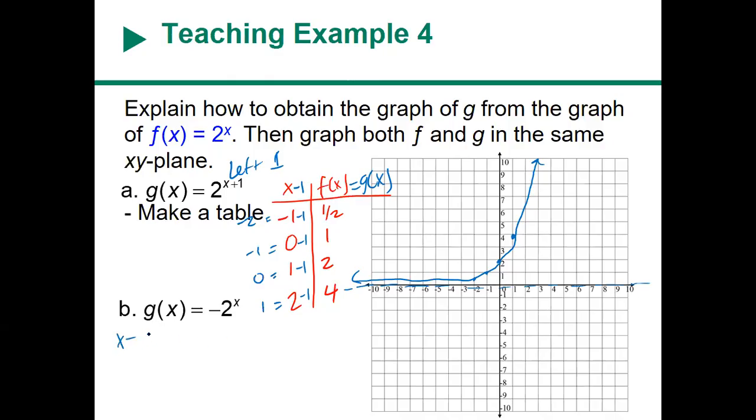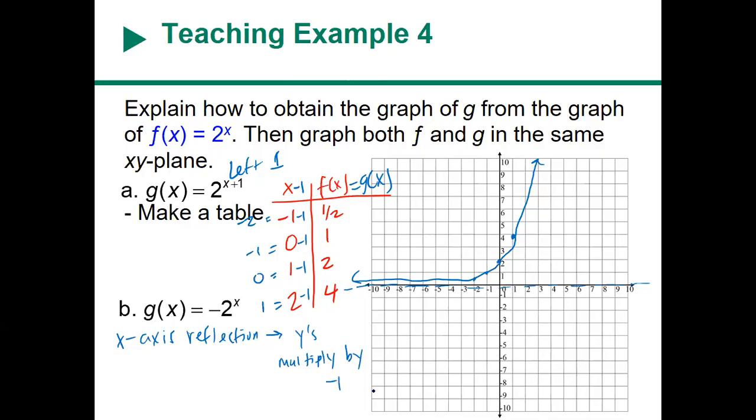So this is an x-axis reflection. And if I'm reflecting over the x-axis, is that affecting my x's or my y's? My y's. If I'm reflecting over the x, that's going to affect my y's.